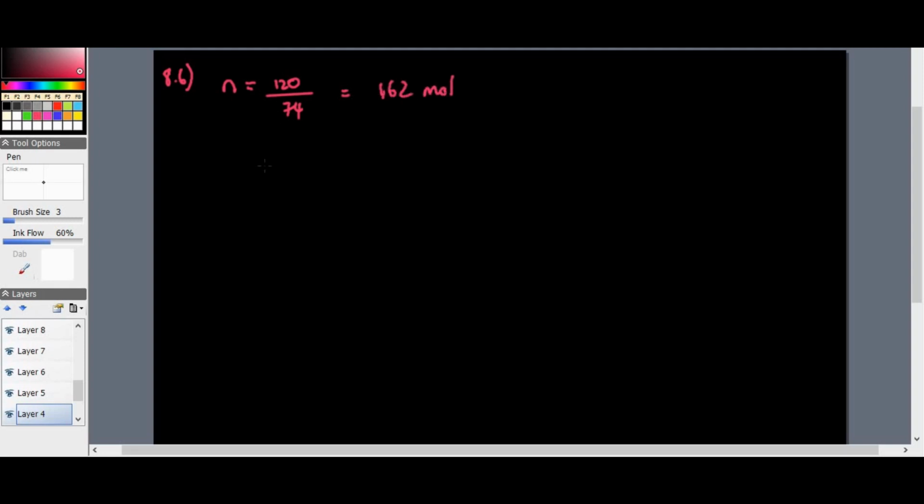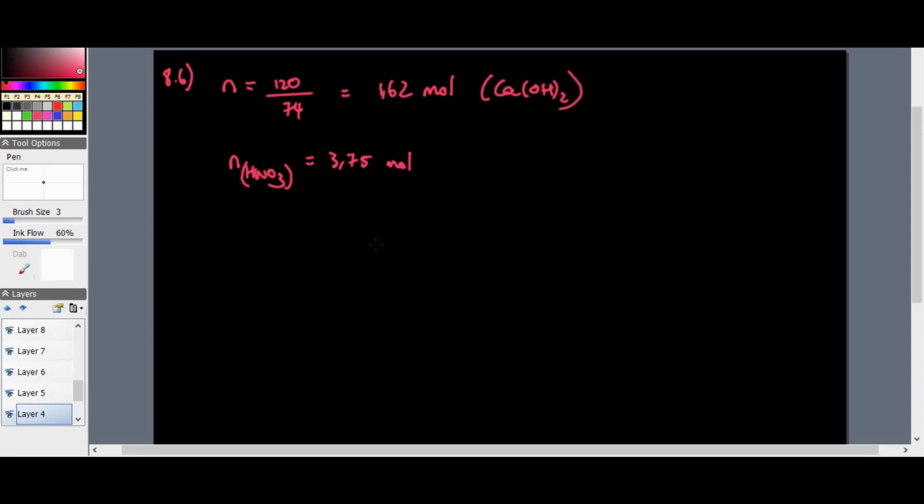Now, we obviously know the number of moles of HNO3 equals 3.75 mole. We calculated that already. That's how many moles of HNO3 we have.